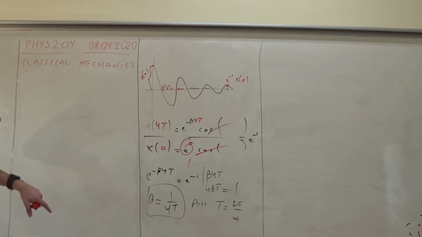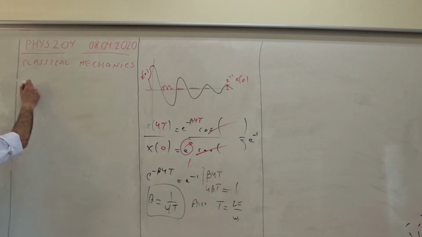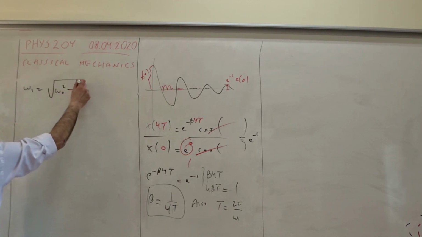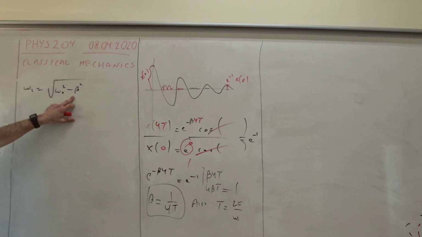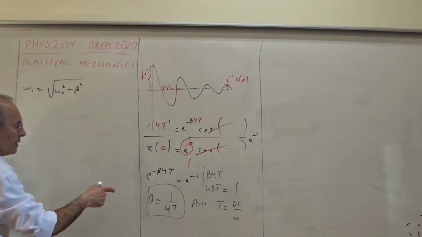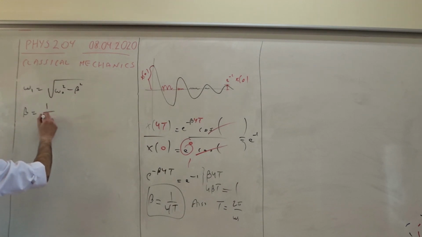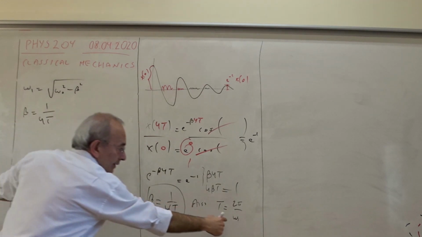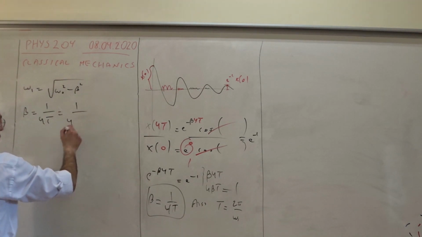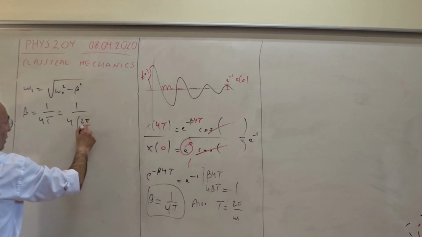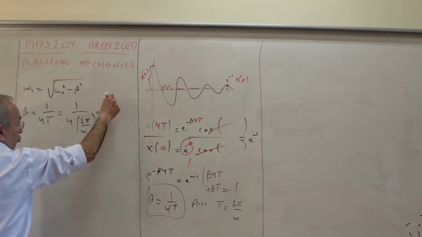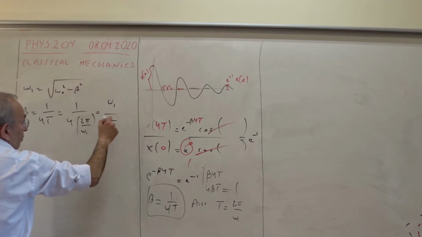Now look at the expression here. Omega 1 is root of omega 0 squared minus beta squared. But beta can be written as 1 over 4T, and T can be written as 2 pi over omega 1. So beta is 1 over 4 times 2 pi over omega 1. Taking omega 1 to the numerator, beta is omega 1 over 8 pi.